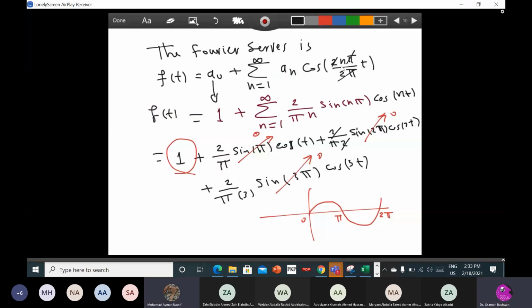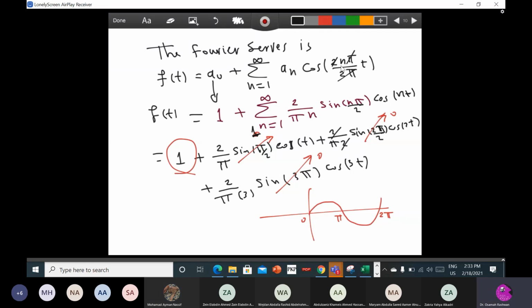So here, what I'm going to write, this is over 2, right? So what do you have here? Pi over 2, sine pi over 2 equal to what? 1. Sine, this one will be over 2.